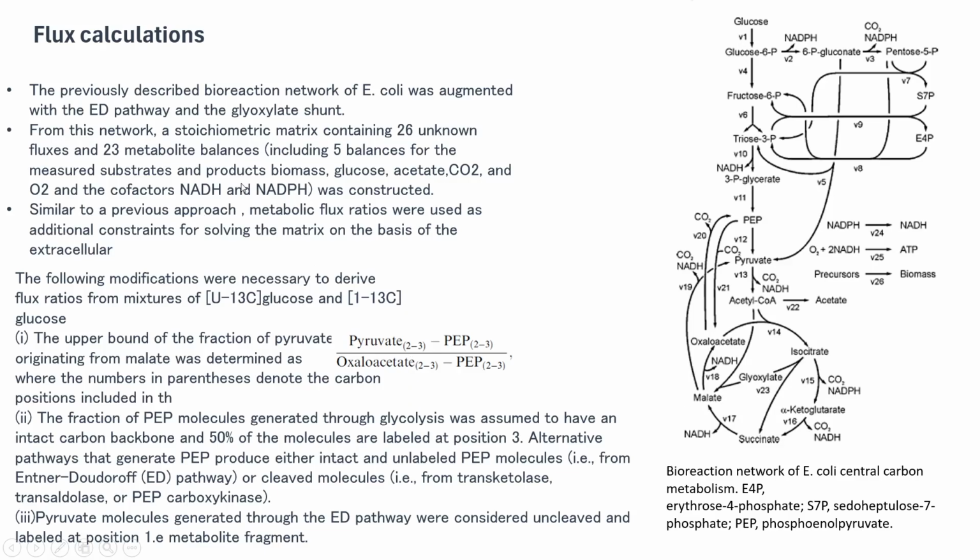From this network, a stoichiometric matrix containing 26 unknown fluxes and 23 metabolite balances, including 5 balances for measured substrates and products: biomass, glucose, acetate, CO2, O2, and other, and the cofactors NADP and NADPH.